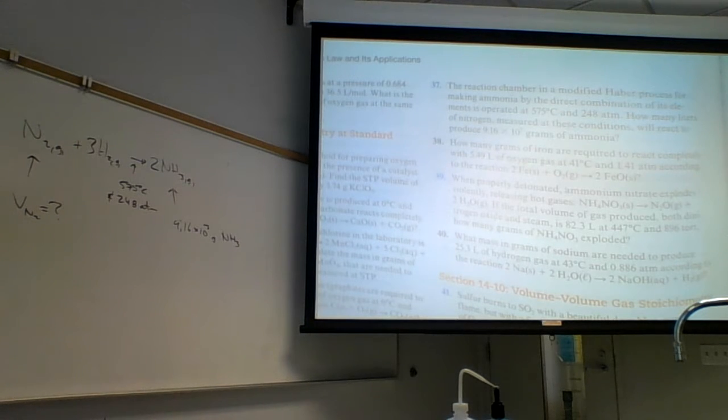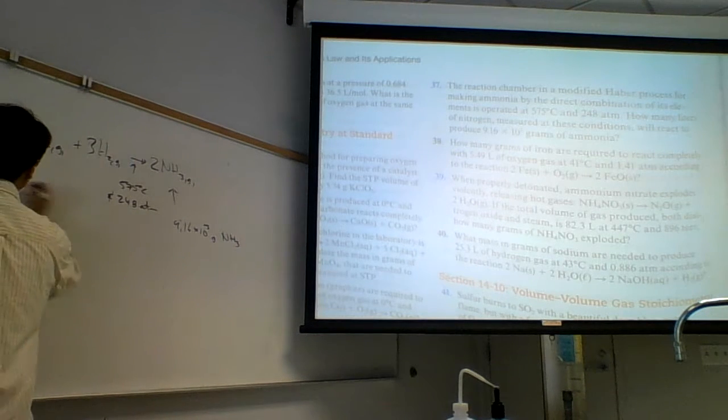Then we go from moles of ammonia to moles of nitrogen. The mole ratio is given here: 1 mole of N2 for every 2 moles of NH3. NH3 cancels, and then we go straight from moles of N2 to liters of N2 using the molar volume. This molar volume is good for any gas.